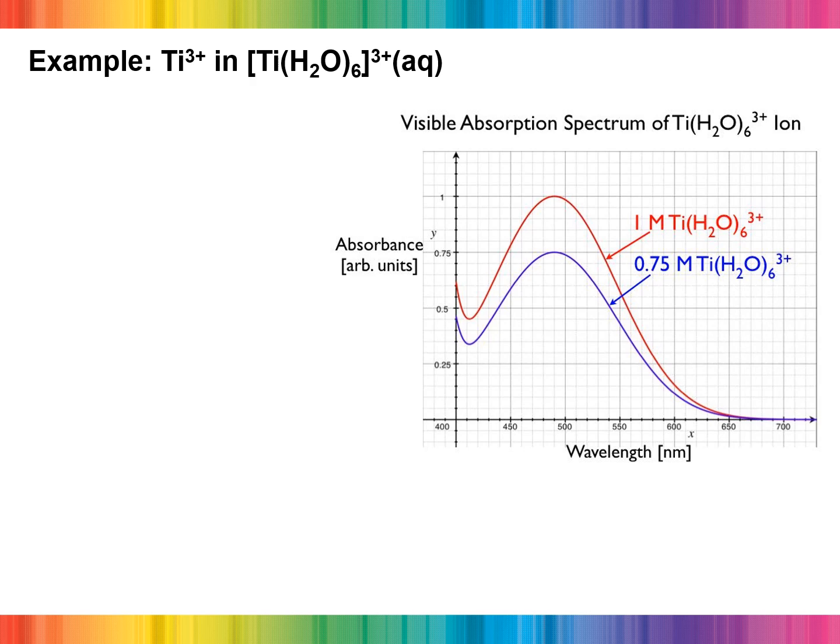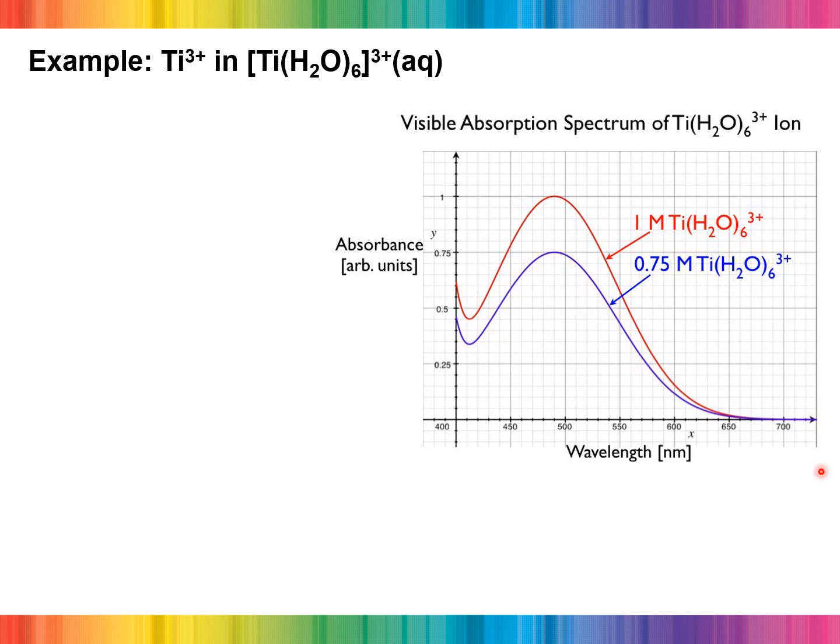Now if we use another version of the absorbance spectrum for titanium 3 plus, you can see that different graphs can be plotted when the concentration is different. For lower concentration, your graph will be lower here, which is expected, because concentration is related to amount. If the amount of titanium 3 plus is lower, then the amount of wavelength absorbance will be lesser as well.